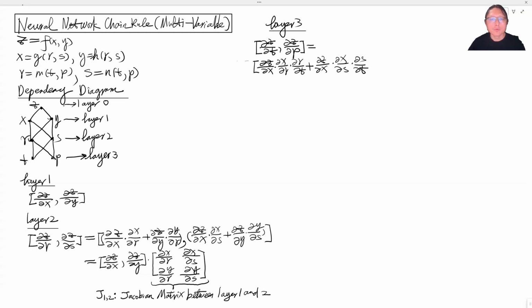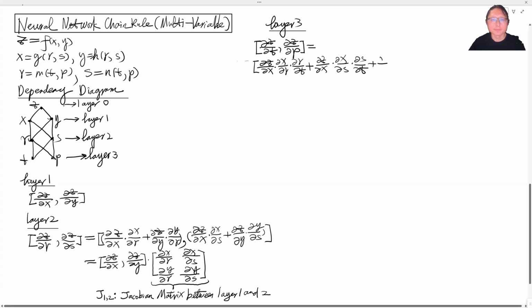So you have to write all these partial derivatives with the chain rule, and we will use all the paths to write all the products of the partial derivatives on the path.